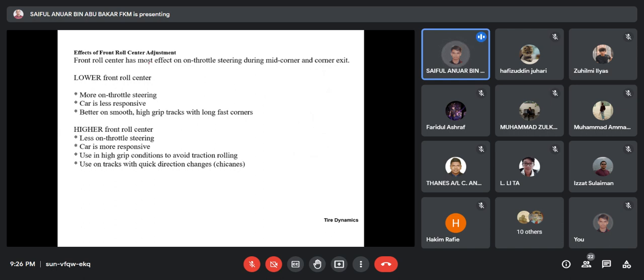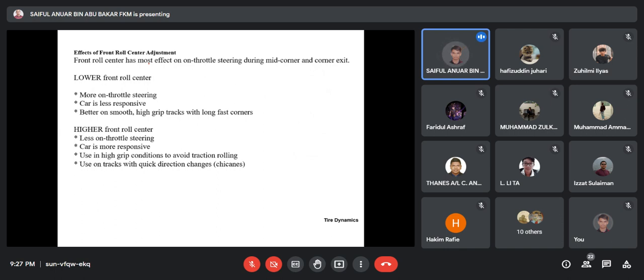Okay, so if you take a look at the suspension, for a common passenger vehicle we have only the MacPherson strut at the front and the torsion beam at the back. For the MacPherson strut at the front, we have the power to decide the position of our roll center.